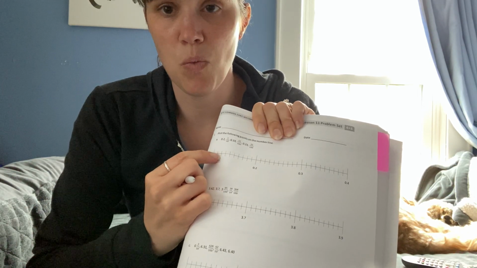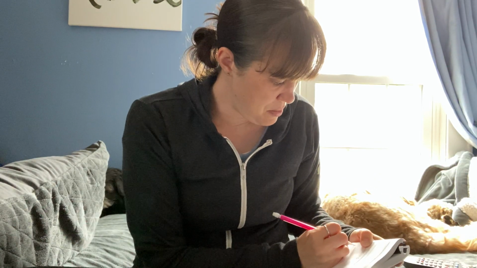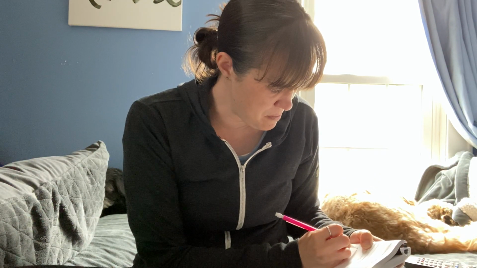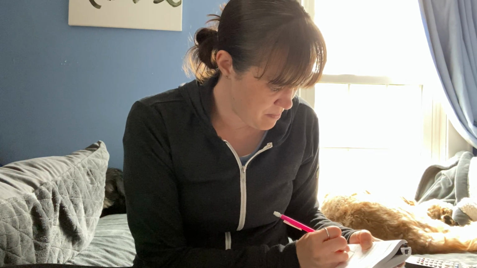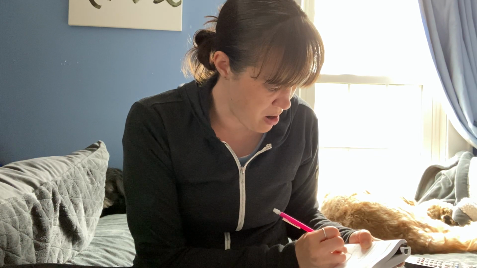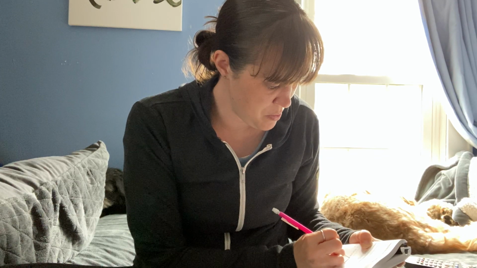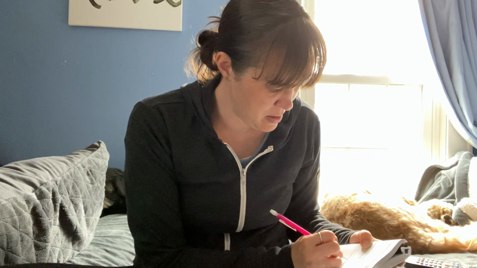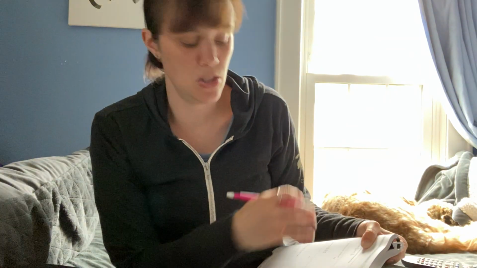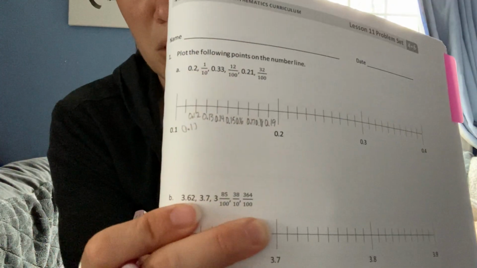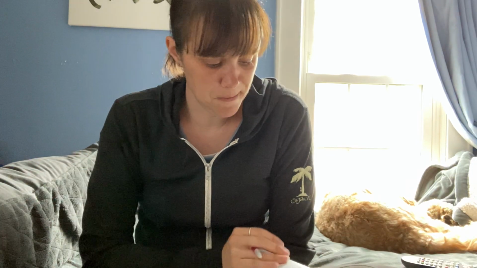So this is 0.12, 1/10, 2/100ths. It's really hard to do this because it's so small. 0.16, 0.17, 0.18, and 0.19. It looks like just a jumble of numbers, so it doesn't look very good, but sometimes it's good to do that, you know.